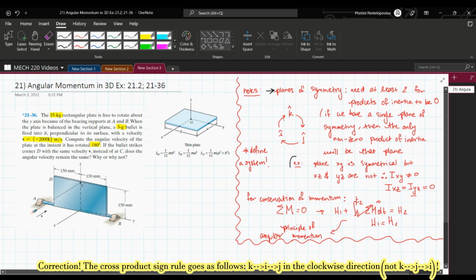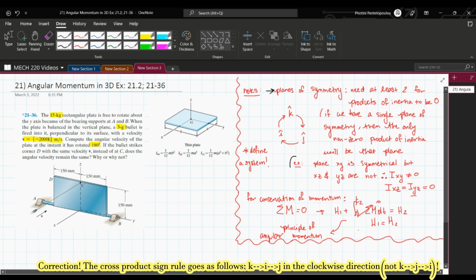Then I have here the sign rule for the cross products. Note here that it says define a system, and this is important when you're dealing with conservation of momentum or conservation of energy, because depending on your system, you might not have conservation of momentum or energy. So it's important. And then here, the condition for conservation of momentum.